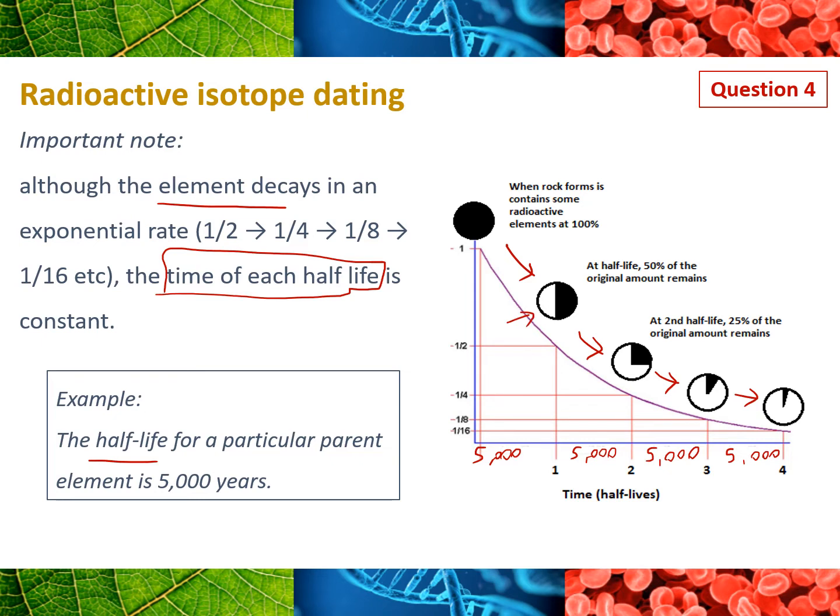The time it takes for only 1/4 to remain is 10,000 years. It's that plus that. For 1/8 to remain, it's 15,000 years. So these stay stable, and these decrease by half each time. I've given you an example in question 4 just to test that out. Just a little bit of mental maths involved.